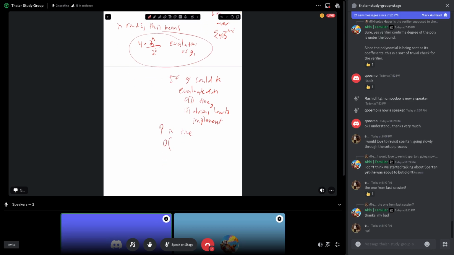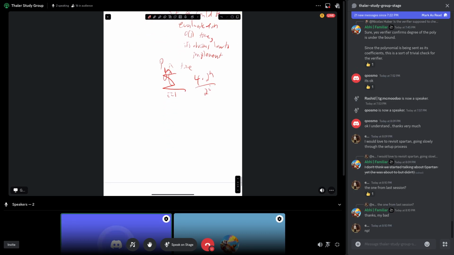Basically, we sum over all rounds i, from i equals 1 to log n, of 4 times 2^n over 2^i.